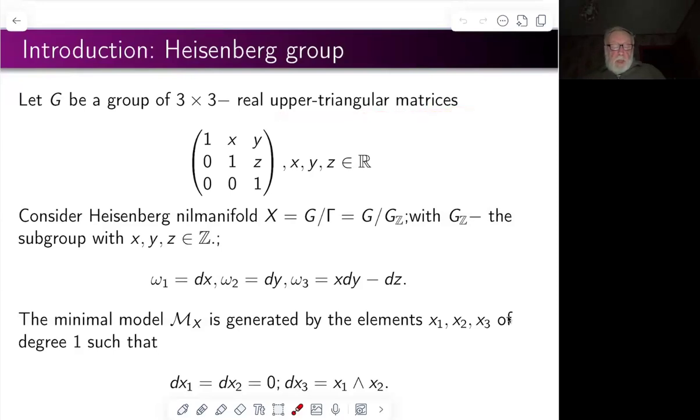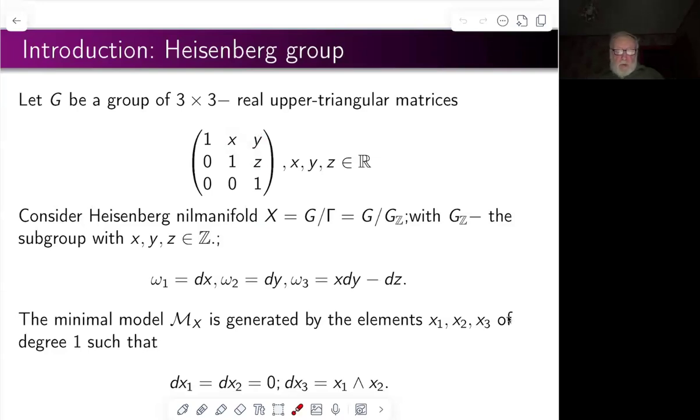Let's consider this group of these matrices and the corresponding manifold X, the so-called nilmanifold, or Heisenberg nilmanifold. It's a homogeneous space of this group over a lattice gamma, and this gamma is the same matrices but with integer coefficients x, y, z.